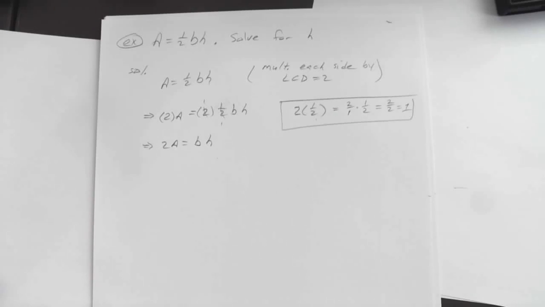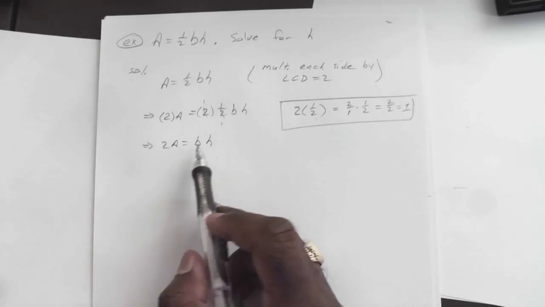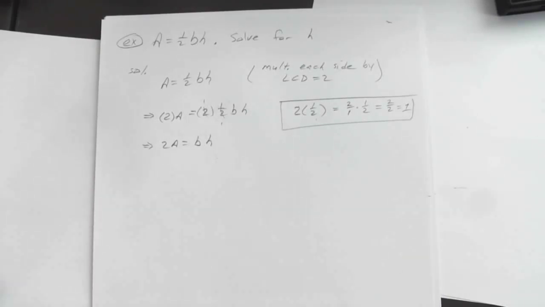Okay. So for solving for h, if we had 3 times h, we divide both sides by 3. But since we have b times h, we just divide both sides by b.